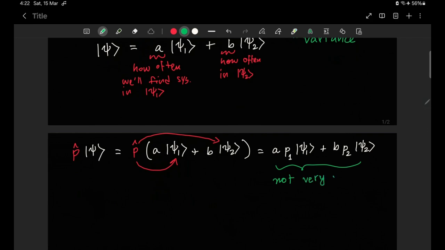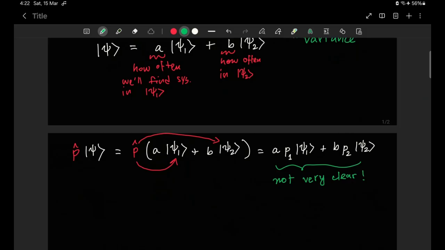Okay. So this kind of a result is not very clear from a straightforward measurement perspective. So this doesn't clearly tell me what I am to get from a certain measurement. And this automatically tells you that there is some statistical, probabilistic result to our measurements. So this is where the statistical interpretation of quantum mechanics comes in. Okay.